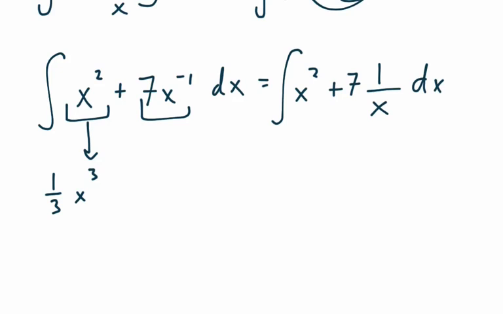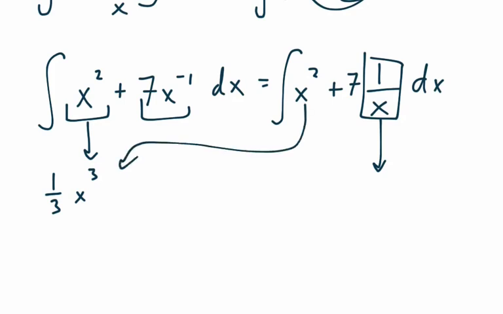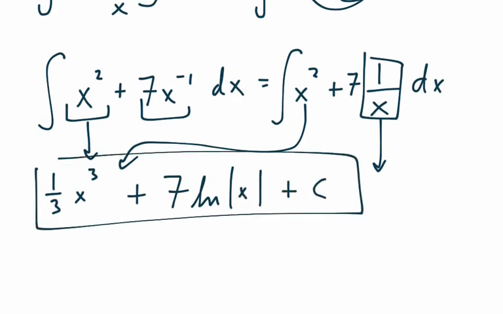So when we integrate this 1 over x, that's where we're going to get natural log. So the integral of this x squared is the 1/3 x cubed, plus 7 is a constant multiplier, so it's going to stay there, and then the integral of 1 over x is where the natural log of absolute value of x would be, and then plus c. So that would be your final answer for this problem.